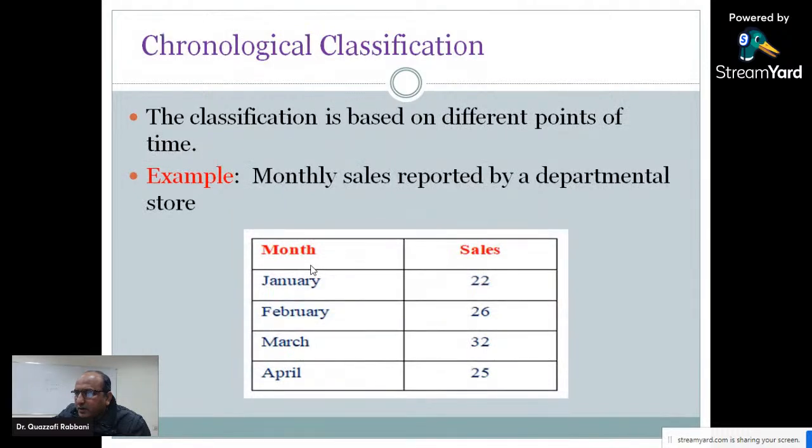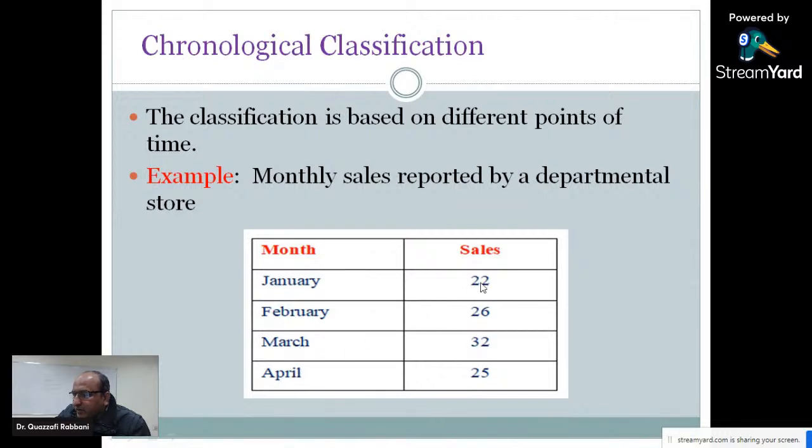Next is chronological classification. Chronological classification is mainly based on time. One variable is always time, and in this example it is the monthly sales reported by the departmental store. The sales are taken at different points of time: January, February, March, and April.